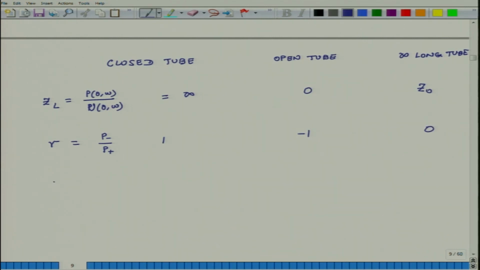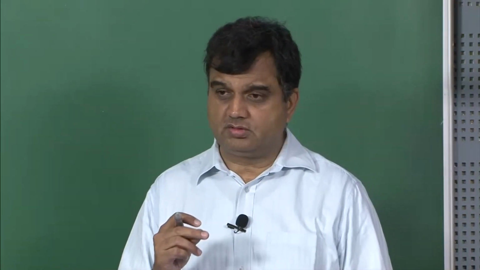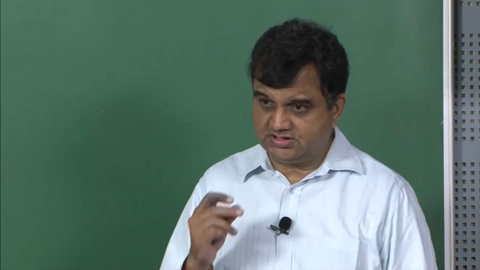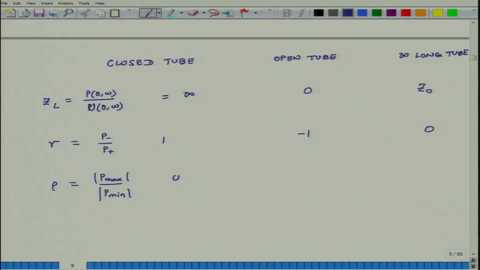Let us look at the standing wave ratio, rho. We had defined it as P max by P min, and the ratio of these. So, in a closed tube the minimum amplitude of the standing wave, I am talking about the modulus, is 0. So, this is infinite.